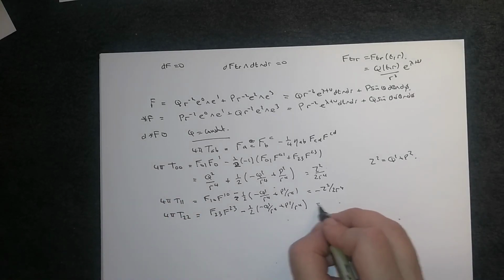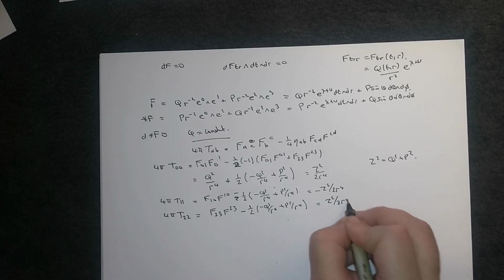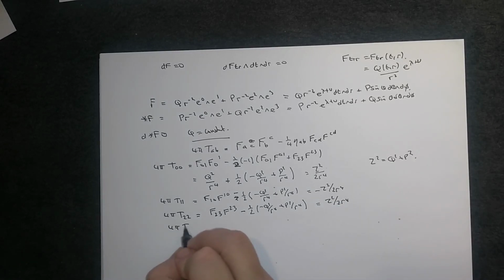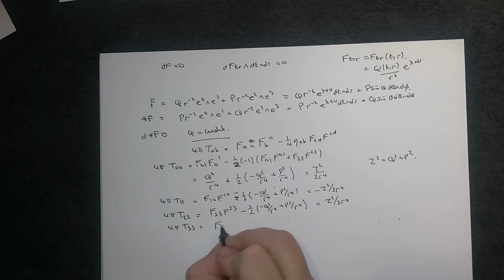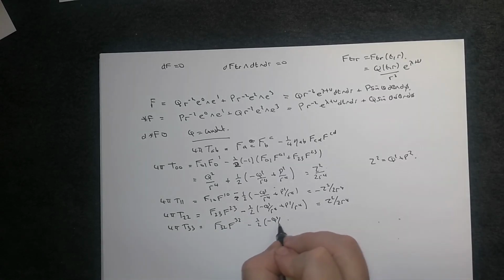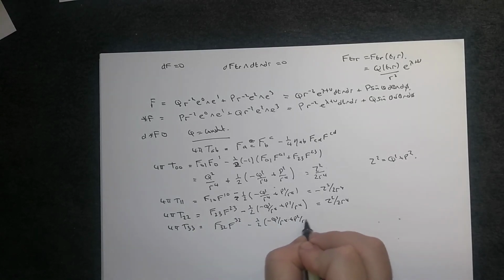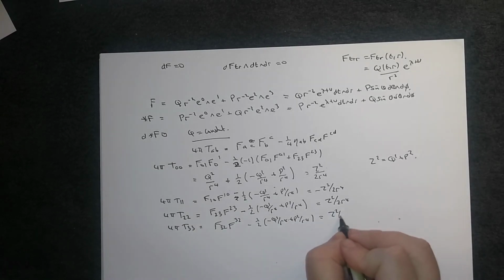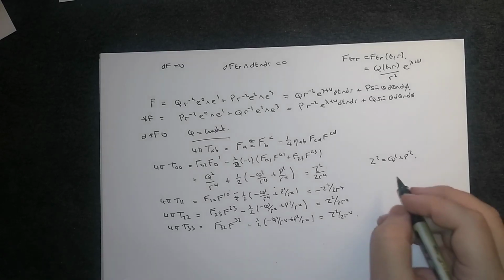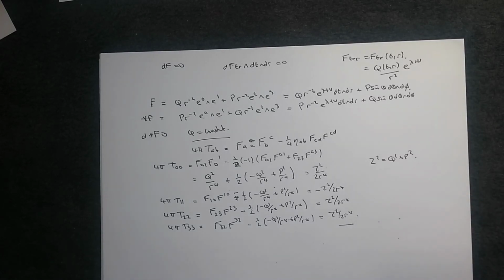So we're just going to get z squared over 2r to the 4th. F32 minus a half this thing gives me exactly the same answer as I just had: z squared over 2r to the 4th. And all the other components are 0.